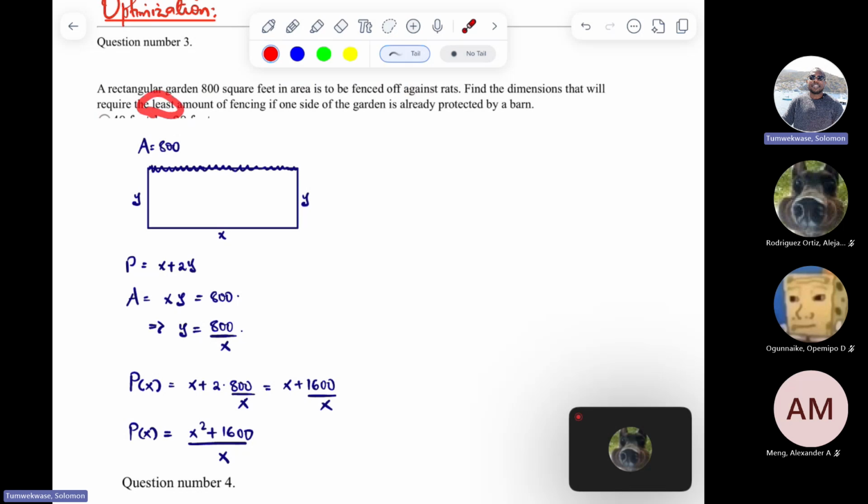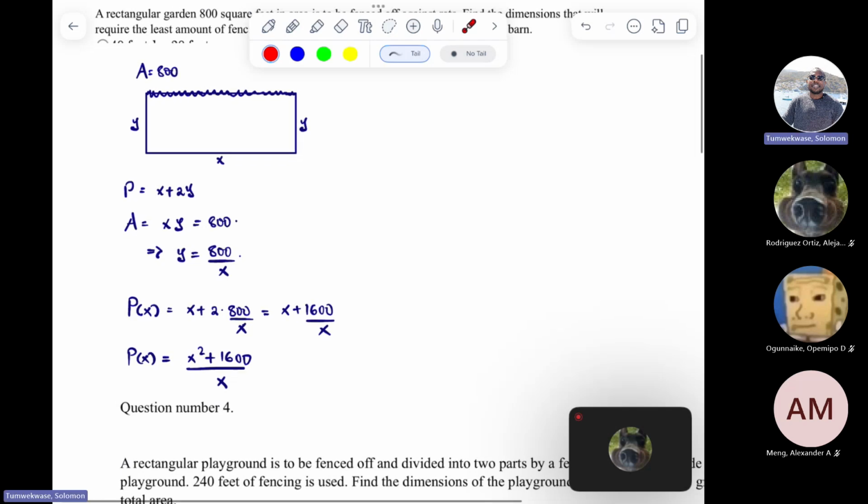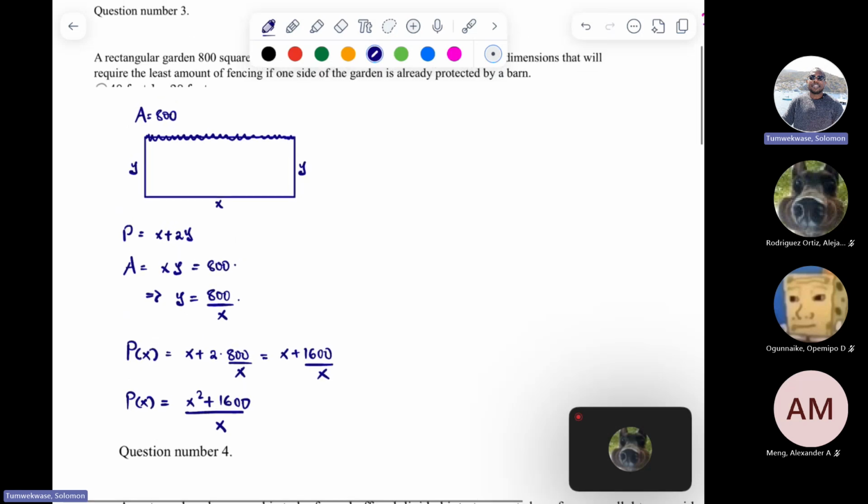In this case, since I'm looking at the least amount, this is the function I'm hoping to minimize. Now, choosing to write P as a function of x is just a choice. Someone could make x the subject here and substitute the value of x back here, and therefore you will have a function of y.